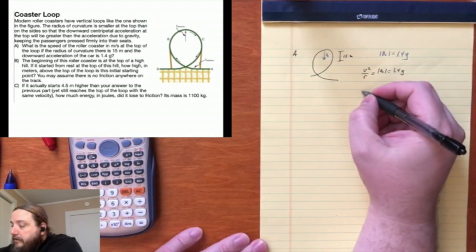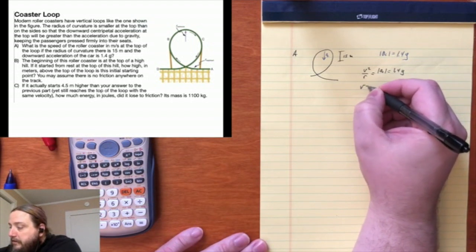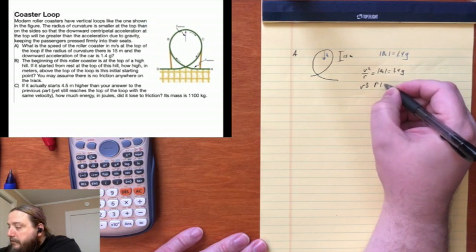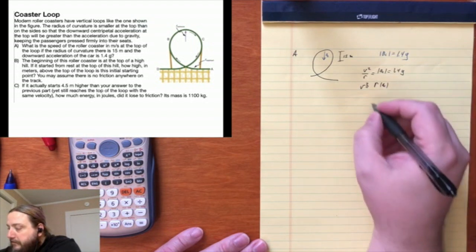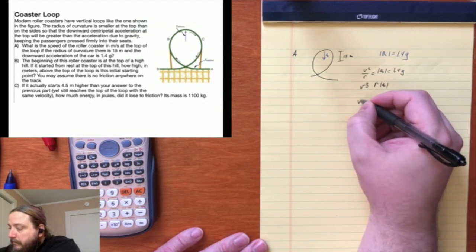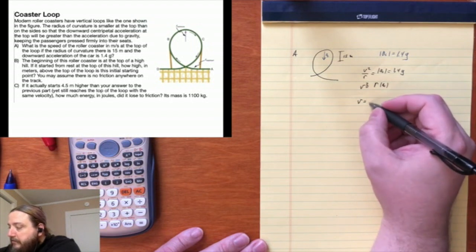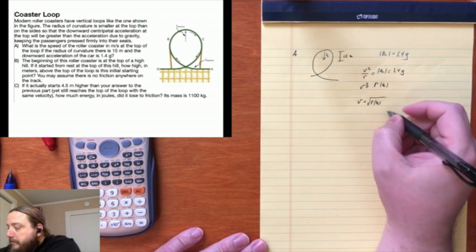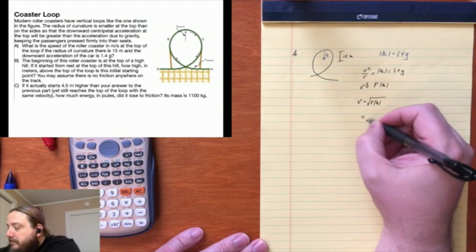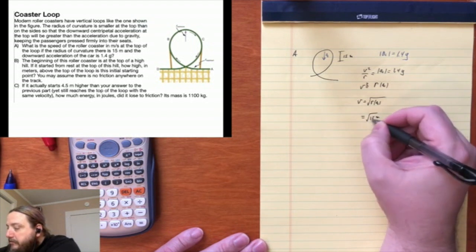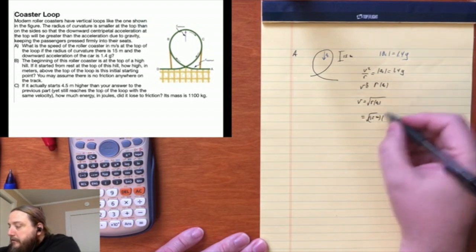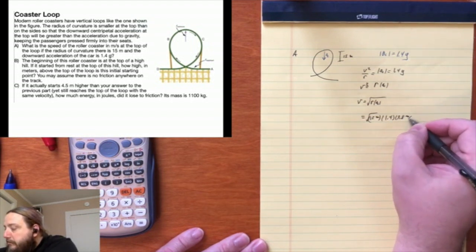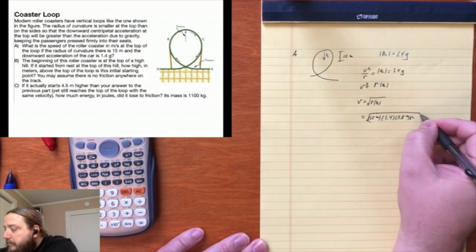So in other words, the speed squared is r times the magnitude of the centripetal acceleration, or the speed is just the square root of r times the centripetal acceleration, which in this case is 15 meters times 1.4 times 9.8 meters per second squared.